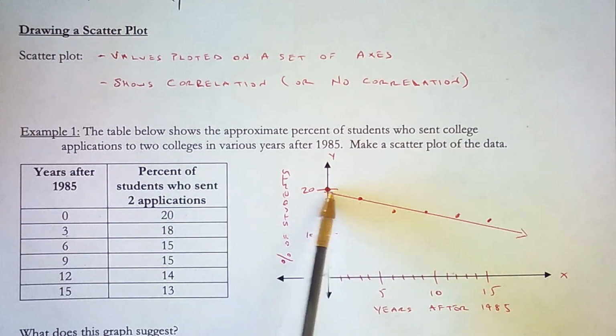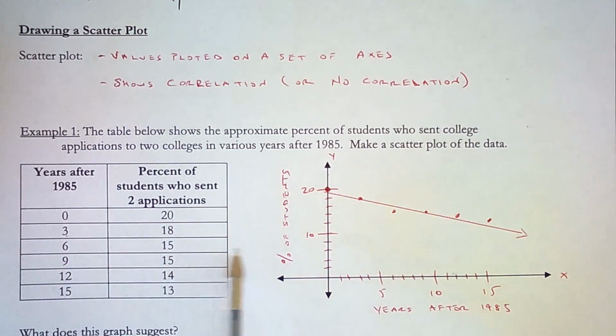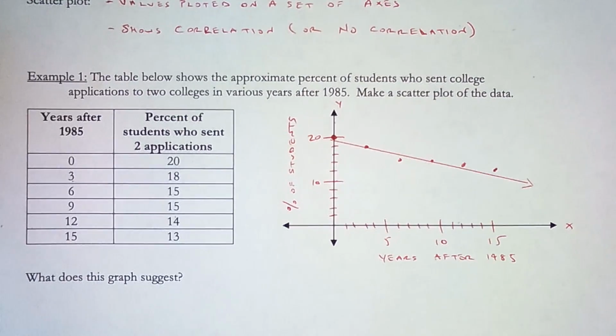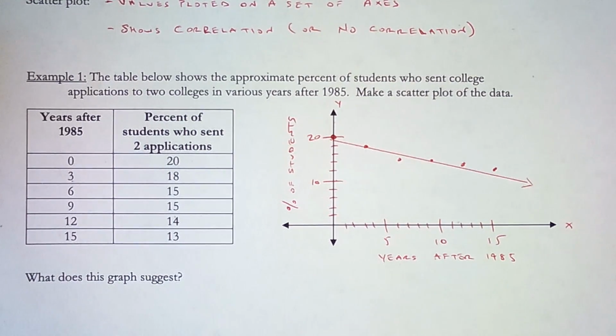And then once I plotted all of the points that I was given, I put a line through that kind of splits through the data. And that is my line of best fit. Now, what does this line seem to suggest? It suggests that fewer students send applications to 2 colleges as time passes.